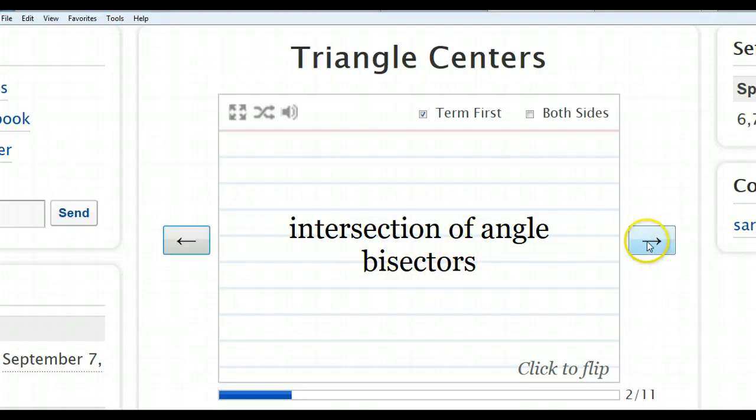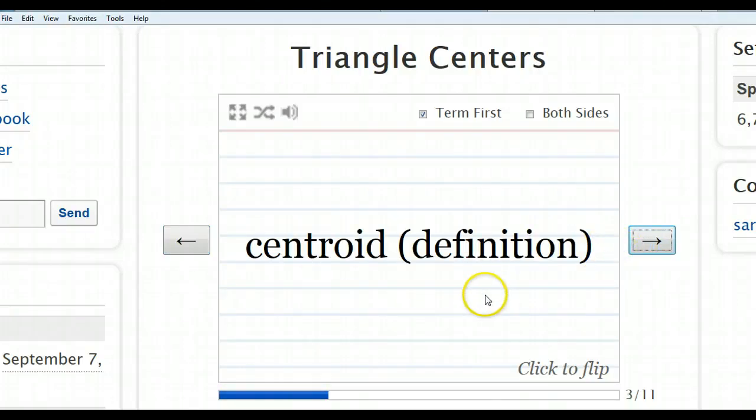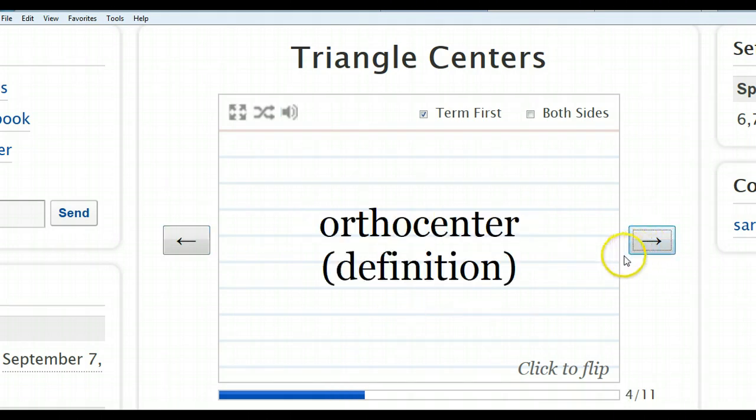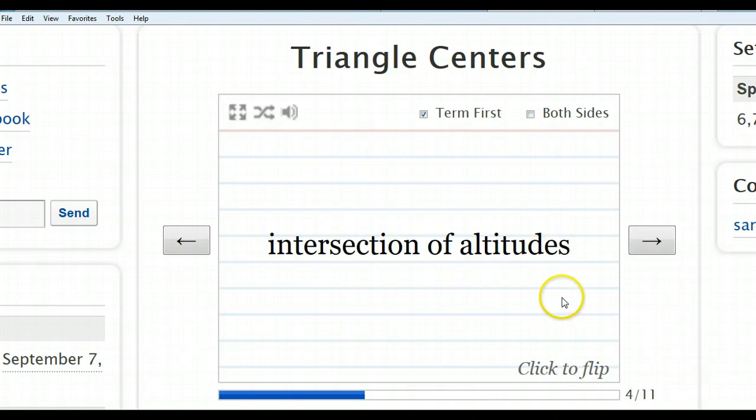All right, that's your incenter. Centroid, definition. So that's the intersection of what? Intersection of medians would be the centroid. Okay, how about the orthocenter definition? That's the intersection of what? That's the intersection of altitudes, gives you your orthocenter.